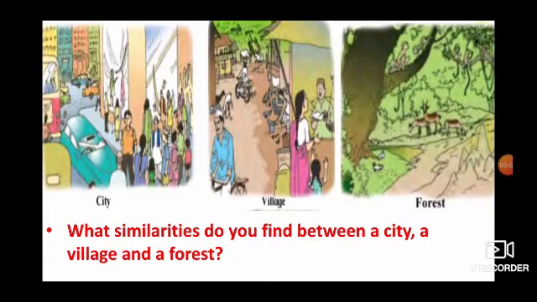Then the number of trees and animals is more. Number of vehicles and people is comparatively less. And the third picture is of forest, where we can find trees, animals and insects. We cannot see people there or vehicles. Yes, no?